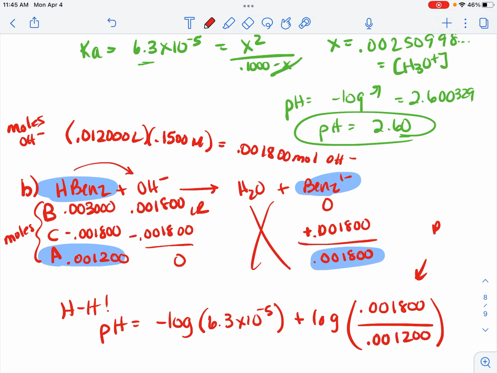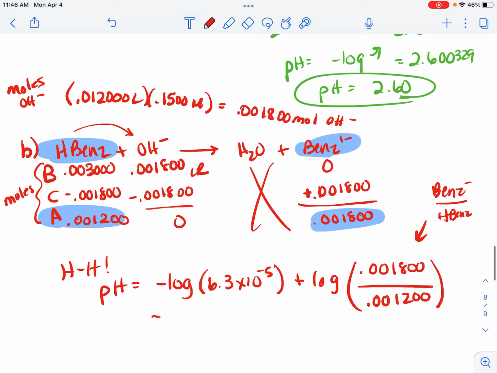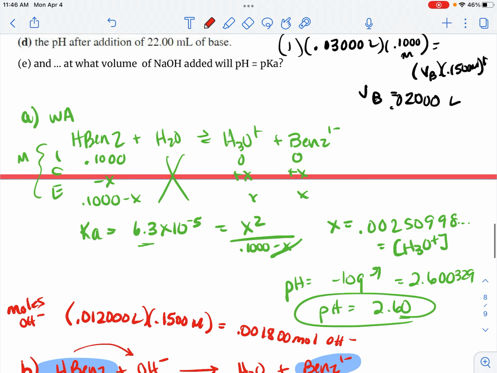Remember that this has to be the conjugate base over the weak acid. Okay, and I plug that into my calculator, and I find that pH equals 4.37675, and so on. I have 2 sig figs from the Ka, so this will be 4.38. All right, so we keep going.